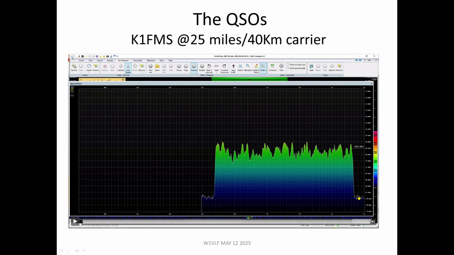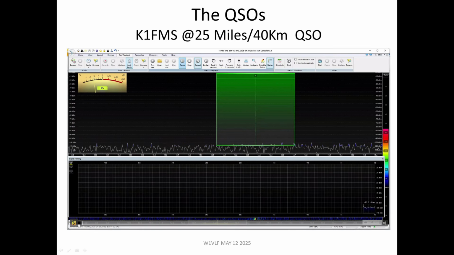But if you look at this, noise floor is down here around minus 100, so it probably wasn't completely dark yet. But from a peak to a valley of minus 70 right here to minus 55, 15 dB, oh, even more. 15 to 20 dB of attenuation. This was across 25 miles.